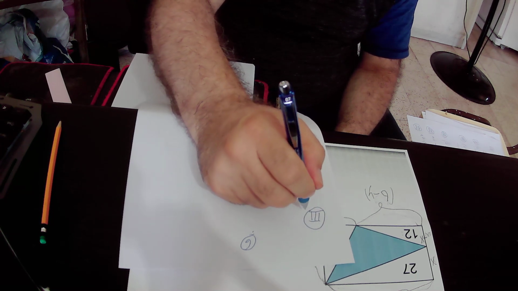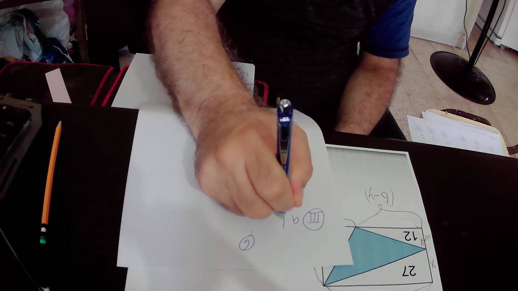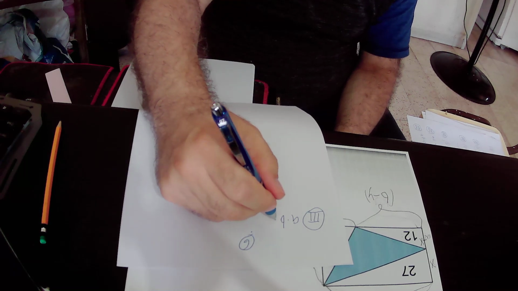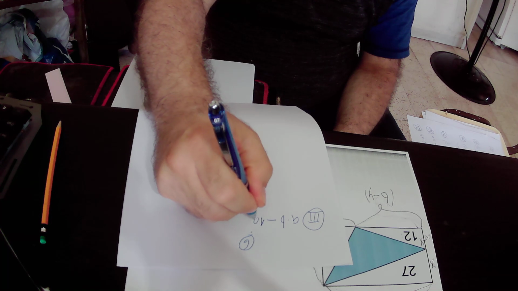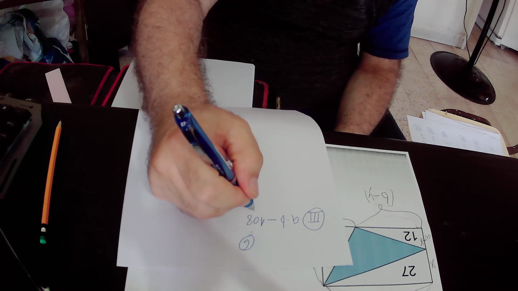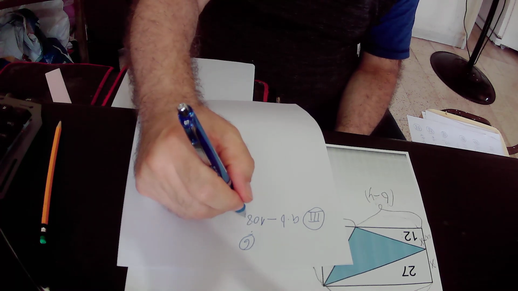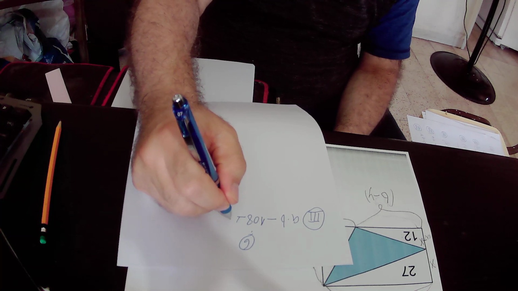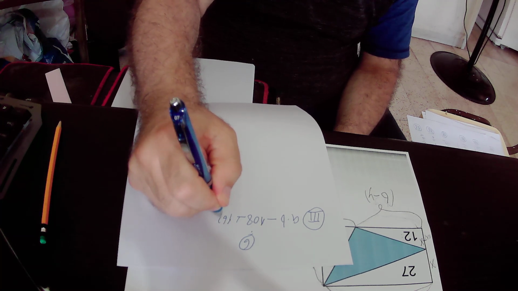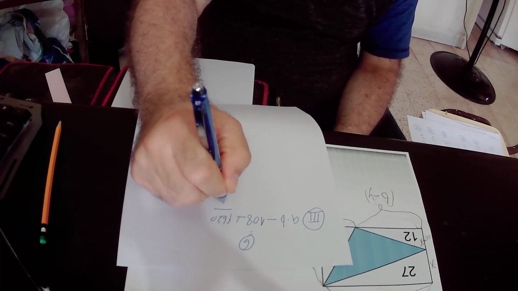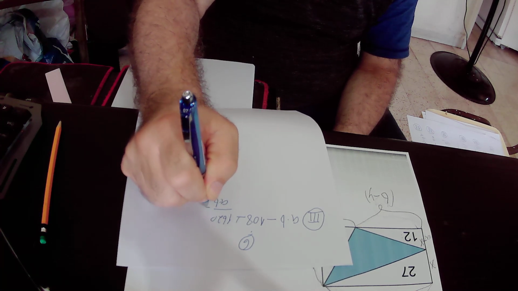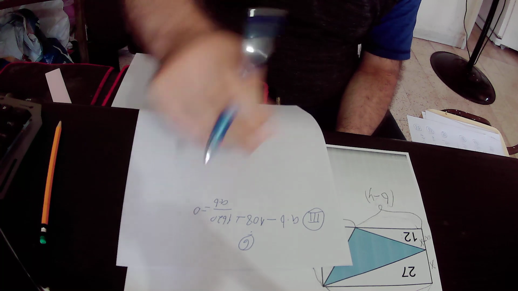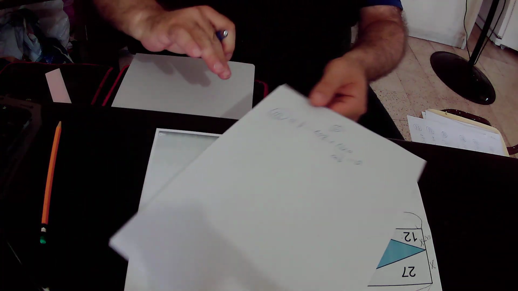So we'll get that a times b minus 108 times ab plus 1620 divided by a times b equals 0. Okay?